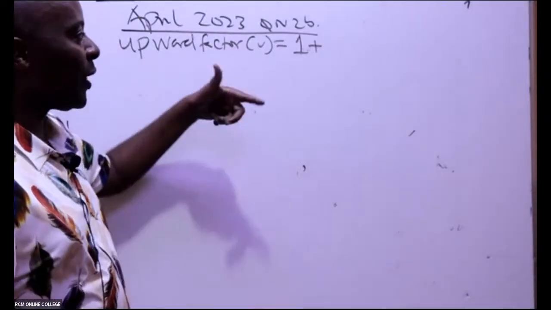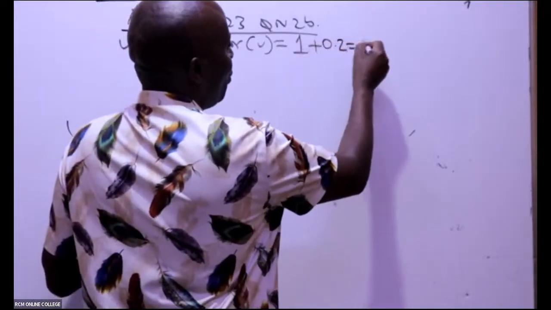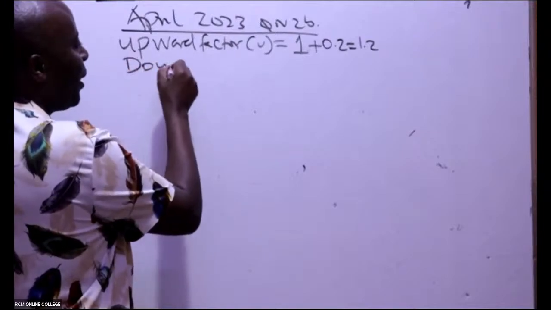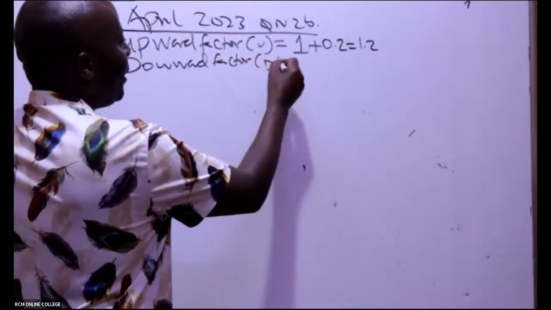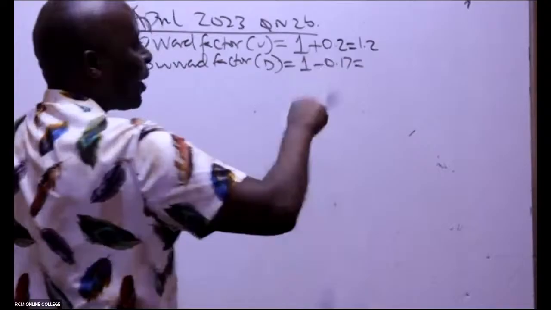So the upward factor U is 1 plus 0.2, which will be 1.2. And then we have the downward factor, D. In this case, we can see a situation where our price is going down by a whole 17%.